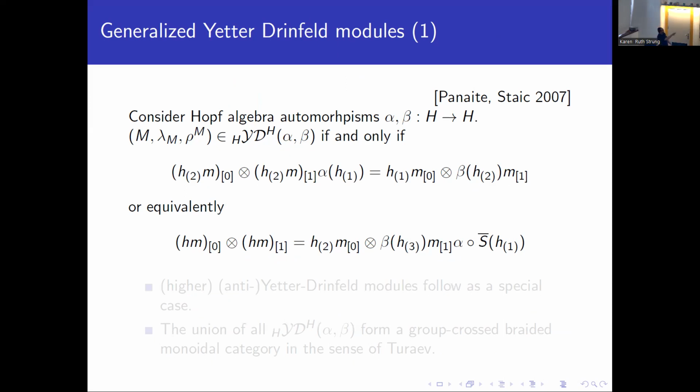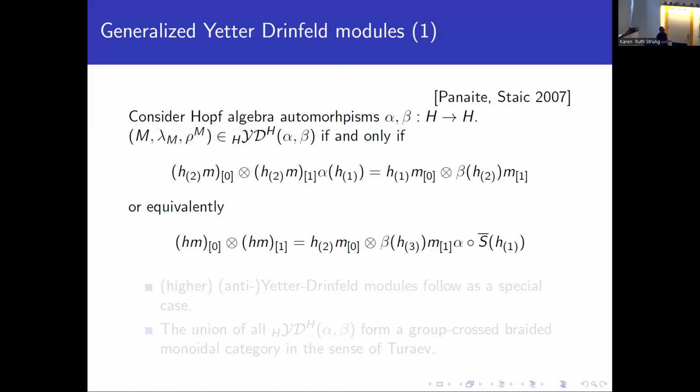So what is this? This is the category of generalized anti-Yetter-Drinfeld modules, where it depends on the parameters alpha and beta, where alpha and beta are algebra automorphisms. The module inside this category of course has an H action and H coaction again, and it also has a similar compatibility with the Yetter-Drinfeld module, but now it depends on the automorphisms alpha and beta.